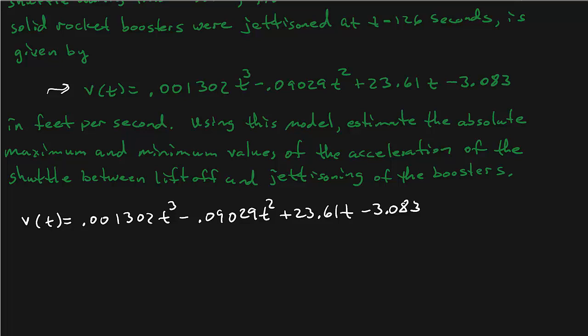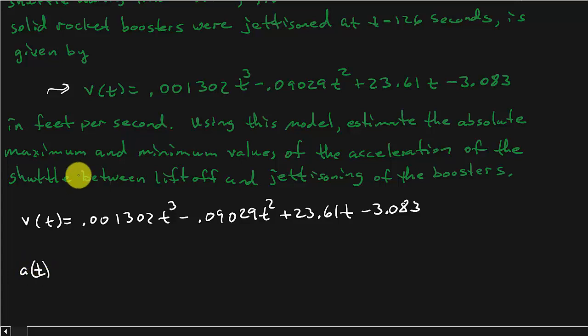So let's take the derivative, and the derivative of the velocity actually gives us acceleration, doesn't it? So that derivative is 0.003906 t squared.